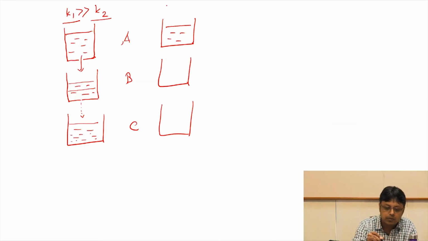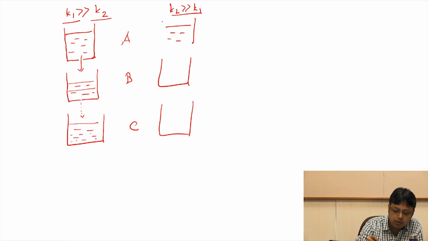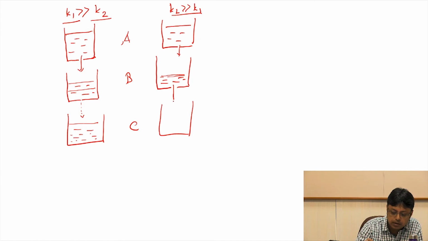Similarly, on the other extreme, when I have k2 much greater than k1, what will happen? I have a small hole here, the water is coming and filling here, but as soon as it is filled, I have a very, very large hole here. Immediately the water gets passed and fills C. So what I'll see is that this water level will always be a little bit high, but as soon as it is filled in, it gets passed to the other bucket, because k2 is much larger than k1.